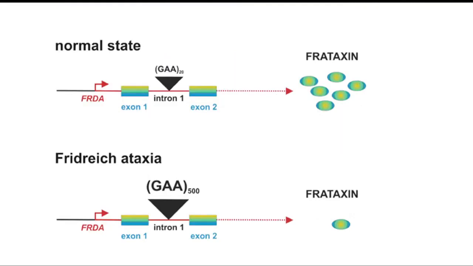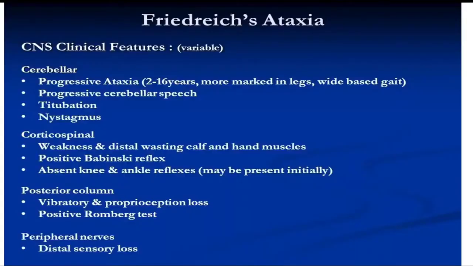So the reason for this disease is the increasing number of GAA repeats in the intron of the frataxin gene. So the amount of this protein decreases.